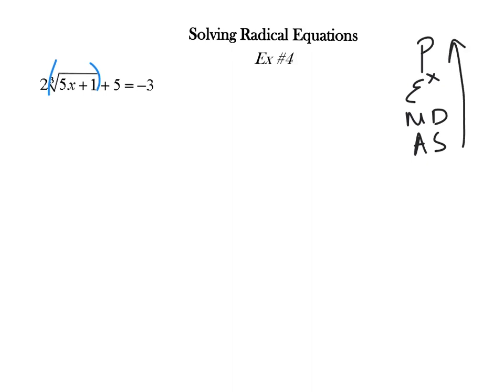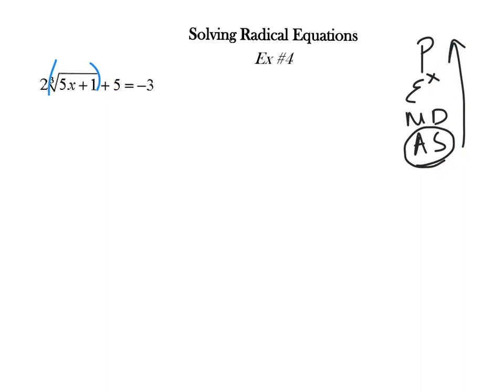So you always want to do the addition and the subtraction part first, which means we're going to tackle this plus 5 first. We're going to get rid of that piece first when you're solving. So instead of doing plus 5 to move it to the other side, we do minus 5. Notice how we don't want to touch this 2 right now, or the square root part; we want to work from the bottom up.